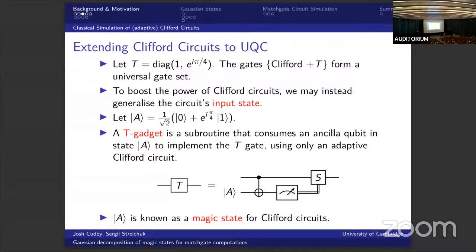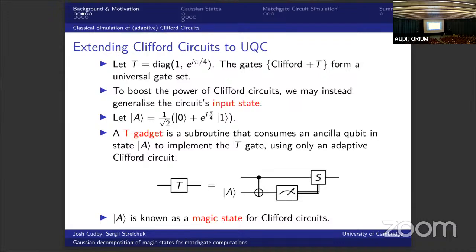But instead, we can give them access to a different resource: so-called magic states. If we define this state A, which looks kind of like a T gate in some sense, we have this small Clifford subroutine which consumes a copy of a magic state A to implement a T gate. How do we do that?